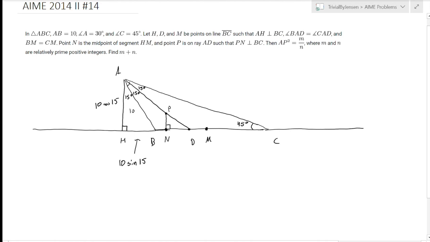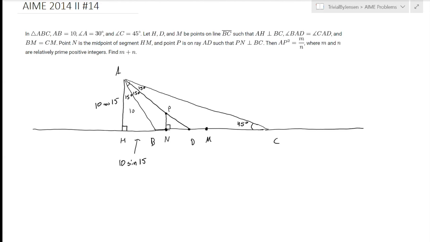It might be a little bit messy trying to label everything on a diagram, so let's just stick to what we want to find. We want to find AP, and that's not very easy to find because P is defined based on N. It doesn't really fit with this height. So instead, I'm thinking we use similar triangles.